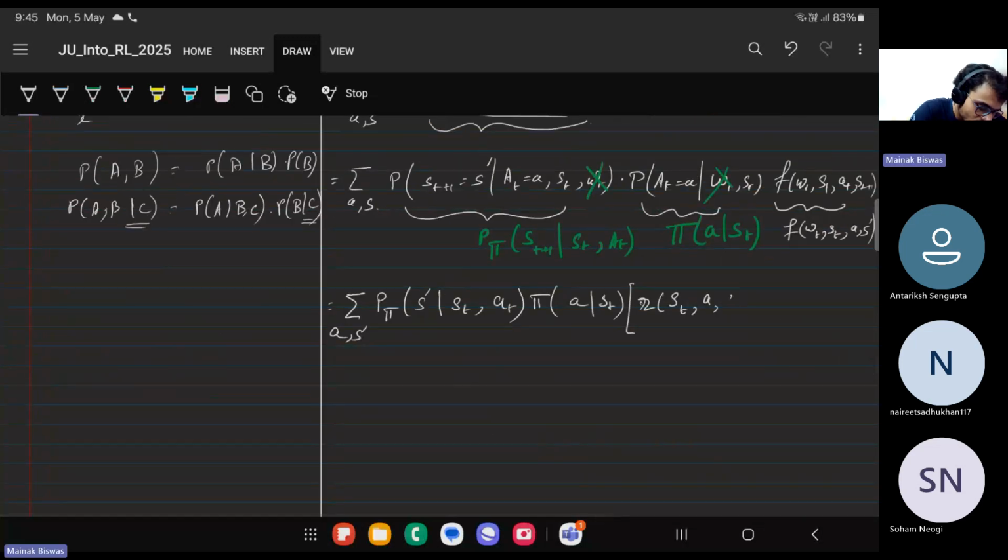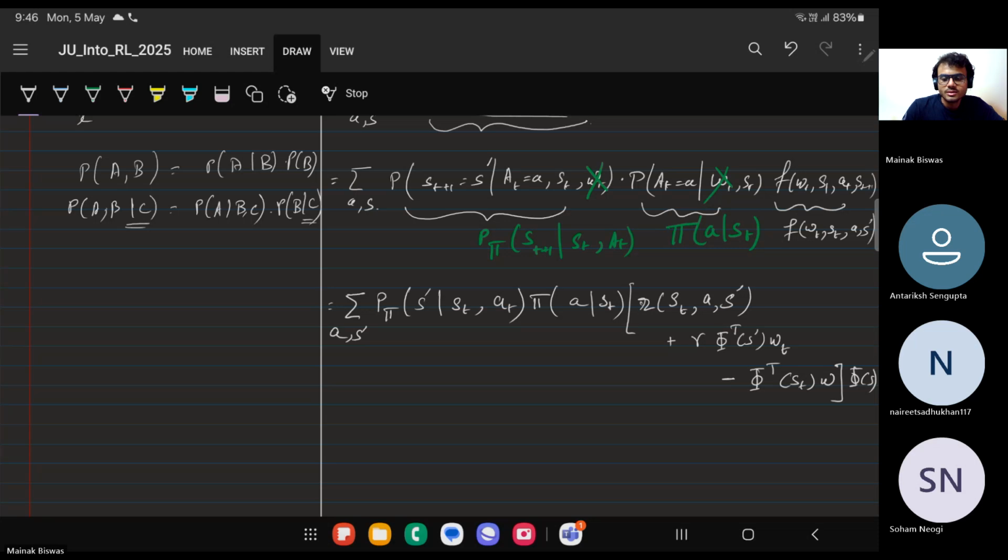The reward function is R of S dash plus gamma times phi of the next state times W, minus phi transpose of ST times W. Do you agree? This is fine. Clear? Any questions? I just replace this value of F over here.